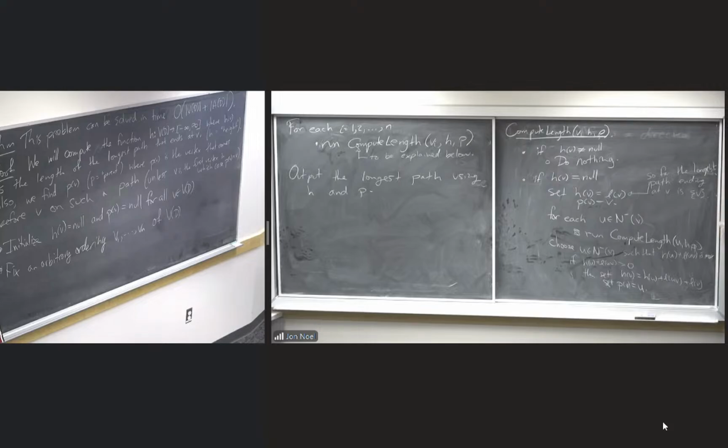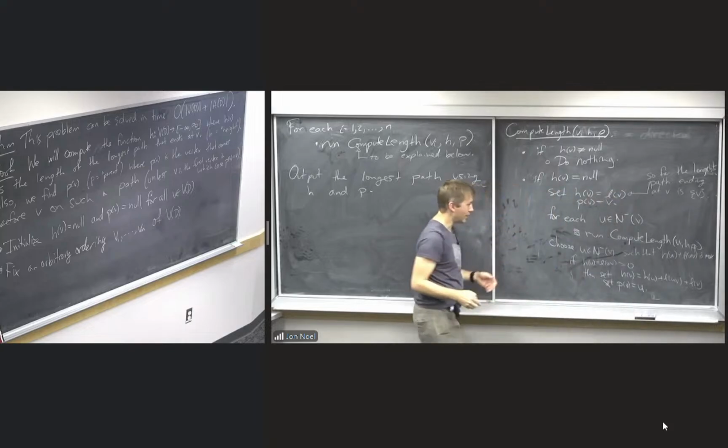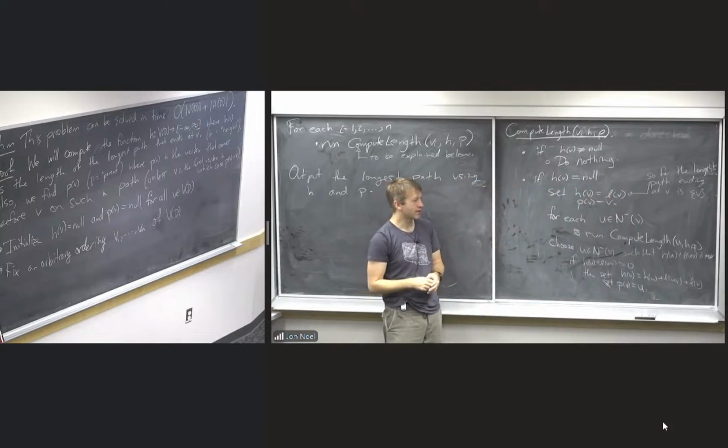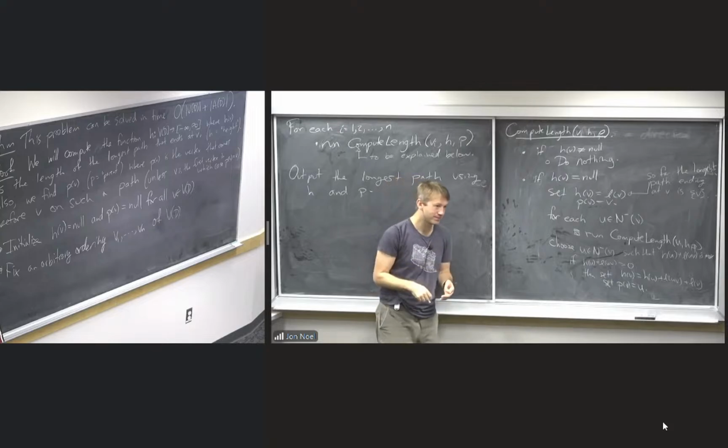But the thing is, this is a directed acyclic graph. You can't have a walk in a directed acyclic graph that repeats a vertex, because that would make a cycle. So there's a subtle point here that this really does find a path, not a walk, because directed acyclic graphs don't have cycles.